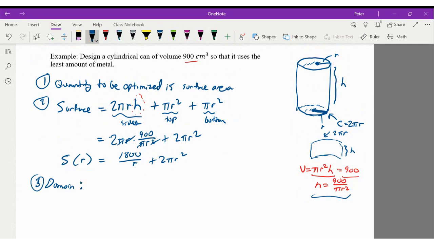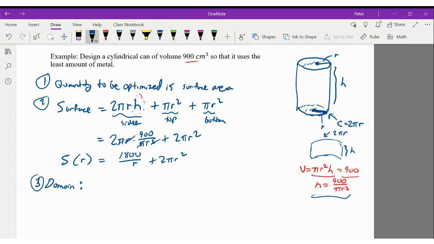What's the smallest that I can set the radius to? So 0 is actually the lower bound on the radius, but you can't set the radius to 0 because there would be no way to make a 900 cubic centimeter can with a base that just vanished into nothingness.